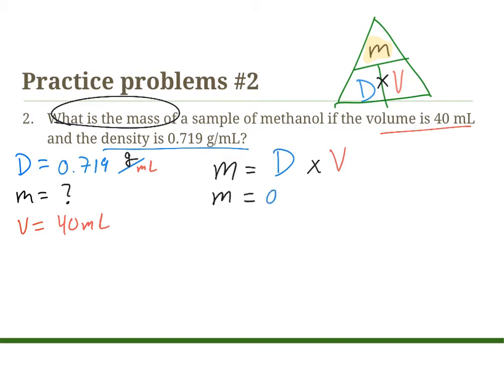My density is going to be 0.719 grams per milliliter times the volume, which in this case is 40 milliliters. So I'm going to go ahead and solve. Take 0.719 times 40, and I'm going to get 28.8. And in this case, my answer is going to be in grams. So here's my formula when I work with density problems and I'm solving for just mass.